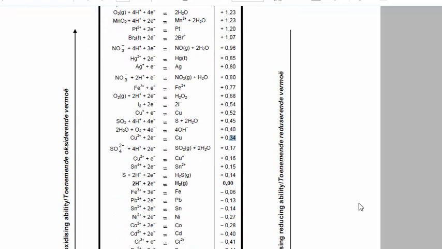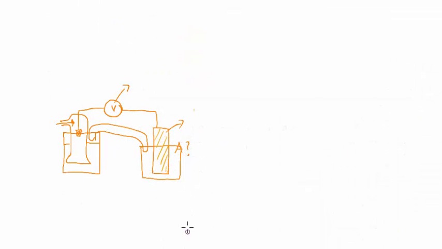If it was copper, copper is higher than hydrogen, so copper is getting electrons. So copper would go from copper 2 plus plus 2 electrons, and then become copper.